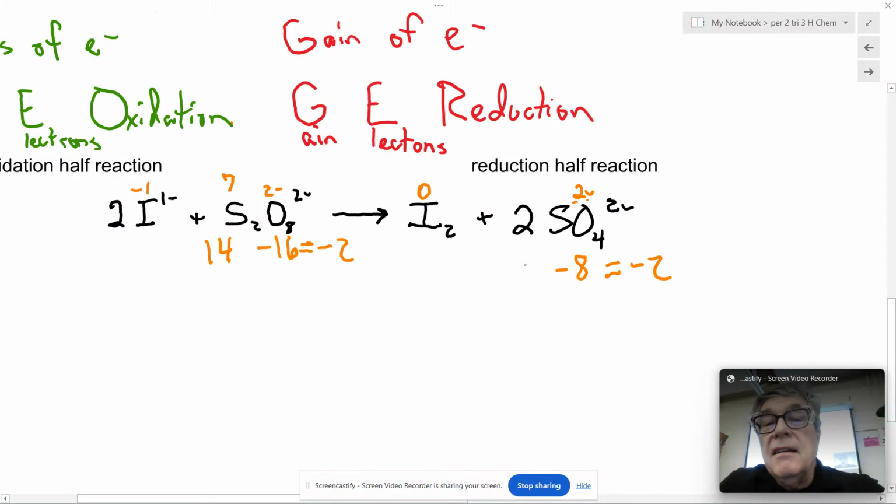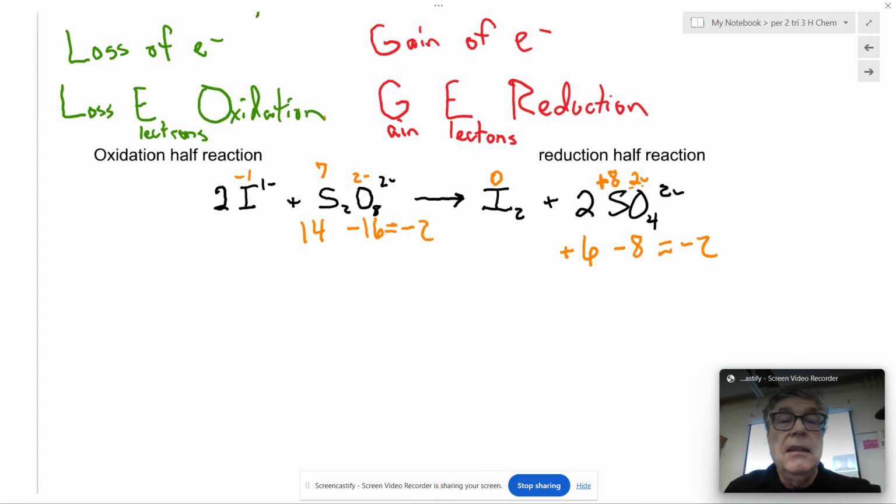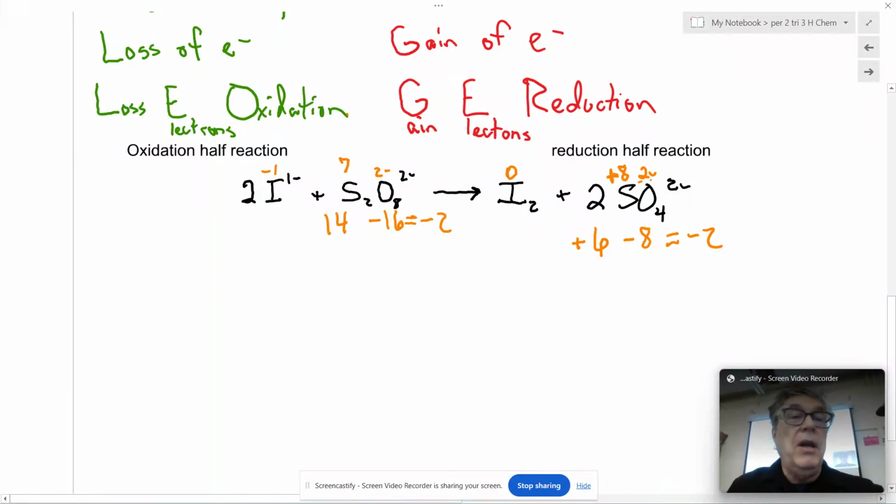What number minus 8 is equal to -2? Plus 6. Plus 6 minus 8 is -2. So the sulfur here is plus 6. So we've now finished assigning oxidation numbers to each element in the entire chemical reaction.